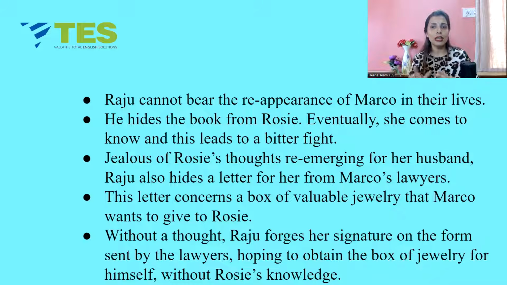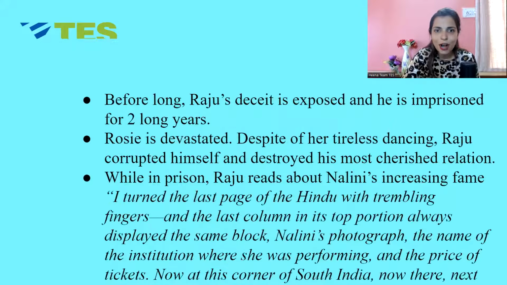So Marco wants a very valuable jewelry box to be given to Rosie, but Raju hides this letter from her. And without a thought, forget that, hiding is one thing, he forges her signature. That is, he does Nalini's signature himself on the form sent by the lawyers, hoping to obtain the box of jewelry for himself without Rosie's knowledge.